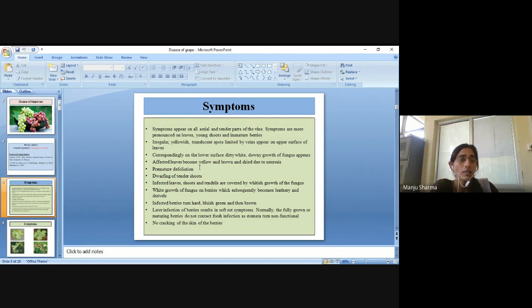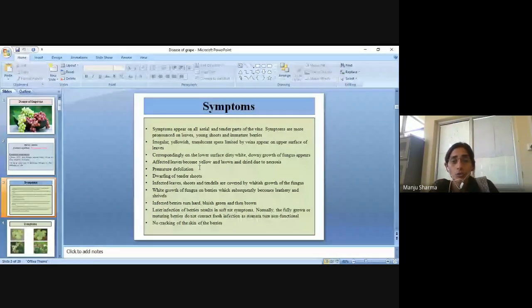Whenever the spores are there, they become enlarged in size, after that the color of the leaves will change, and leaf fall will occur at an early stage, or we can say premature defoliation will be there. Then there is dwarfing of tender shoots, and the tender shoots will be dwarf in size.